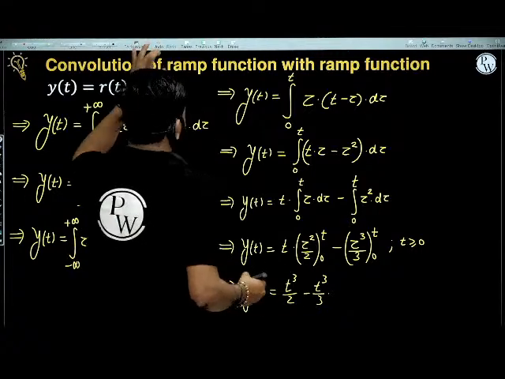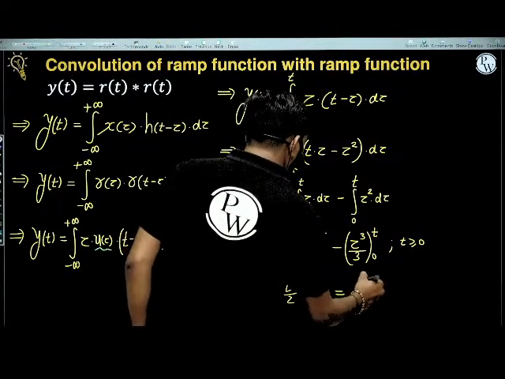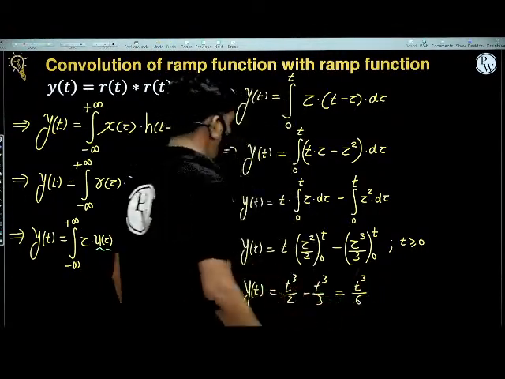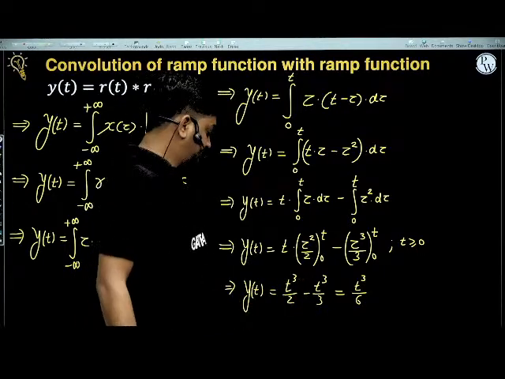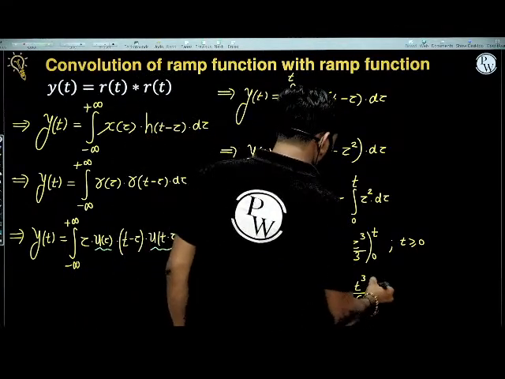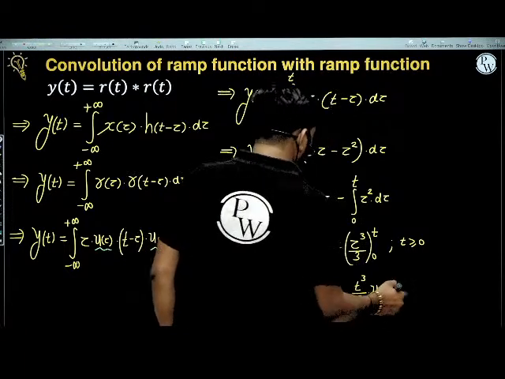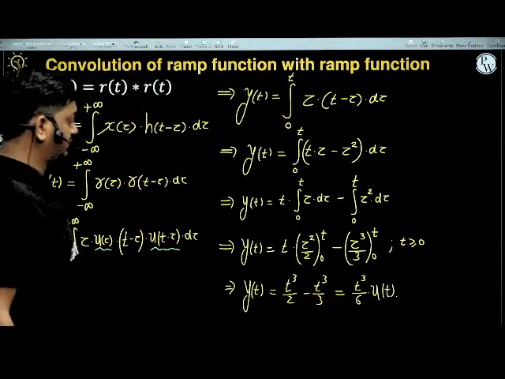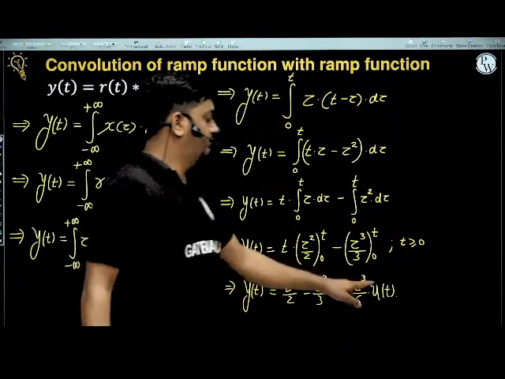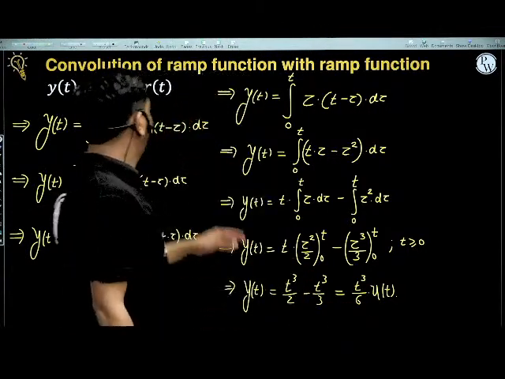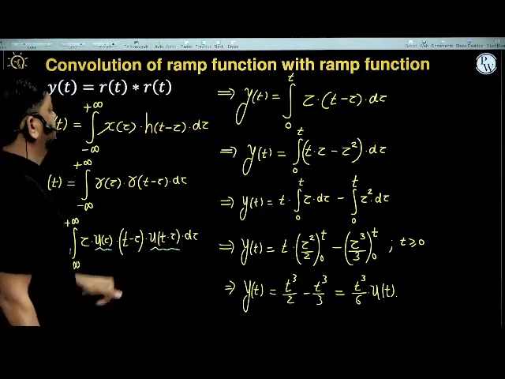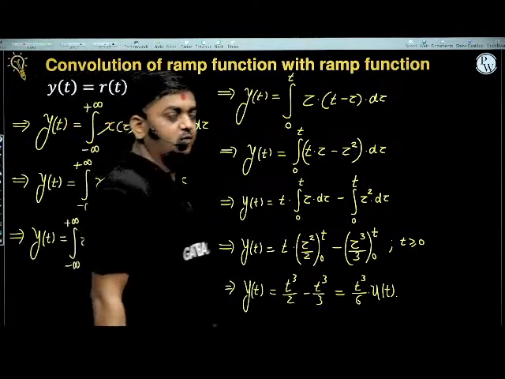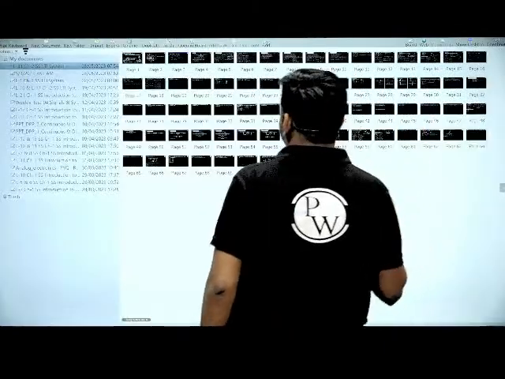If you take the LCM, then 3 minus 2 is 1 and 3 into 2 is 6, so t cube by 6 for t greater than 0. That's why u of t, since both are causal, the resulting signal will be causal. So the convolution of one ramp function with another ramp function is nothing but t cube by 6 into u of t.